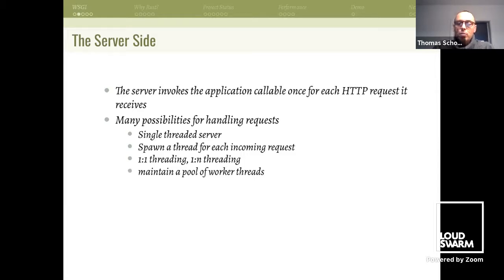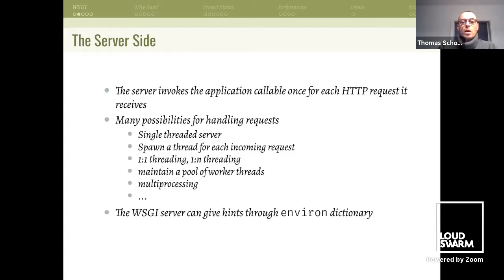It could maintain a pool of worker threads, or it could do Python multiprocessing using the multiprocessing module from the standard library, and it could do other things. The WSGI server can give hints on how it's actually handling the request through the environment dictionary.